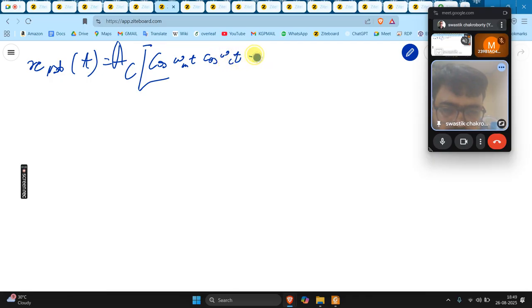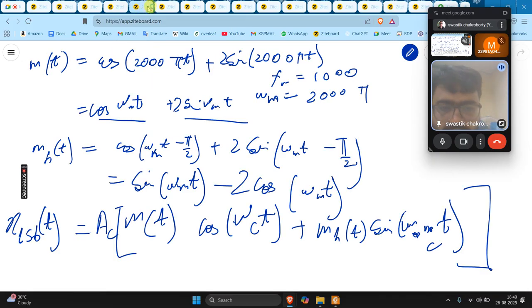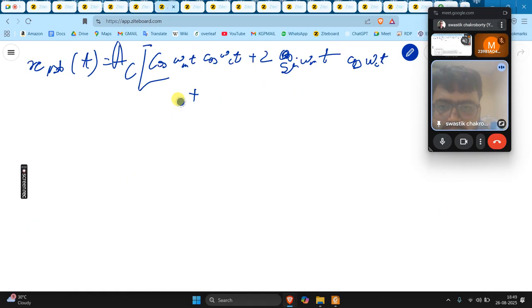Another is 2 sin omega m t cos omega c t. And the Hilbert transform is sin omega m t minus 2 cos omega m t, so sin omega m t sin omega c t, and finally minus 2 cos omega m t sin omega c t.